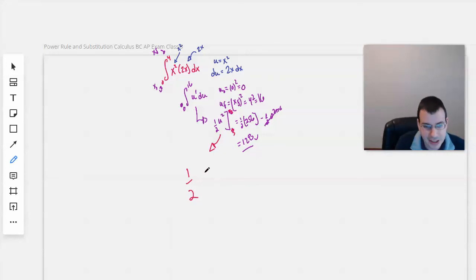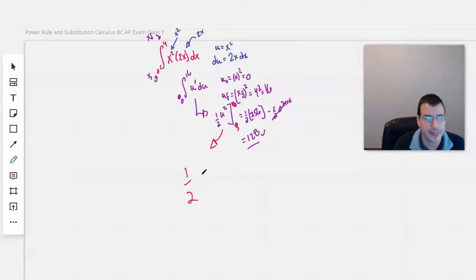Sometimes this saves a step, sometimes it doesn't. So we take u squared, and we know that u equals x squared. So we have x squared squared, and we go from our original limits of integration, 0 to 4.